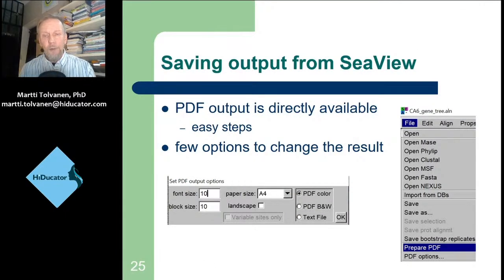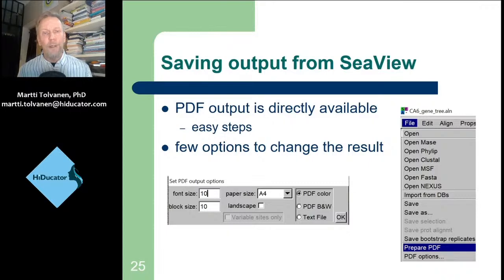Now, regarding saving your alignment in a clean format, there are pretty easy to use tools here. First, you have to go to PDF options and check that your paper size is okay, and depending on the size of your alignment, you might want to put it into a fairly small font so that more of it fits on one page.